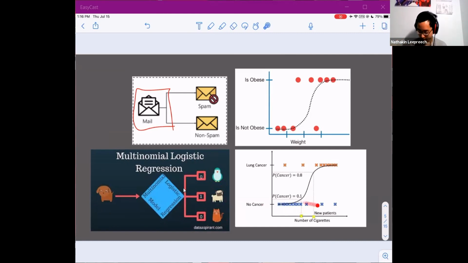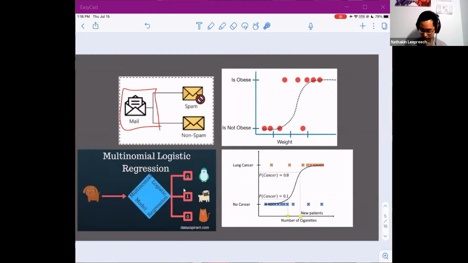And this is another one: say you have a patient and you want to see how many cigarettes they smoke, and based on that number, are they going to have cancer or not?